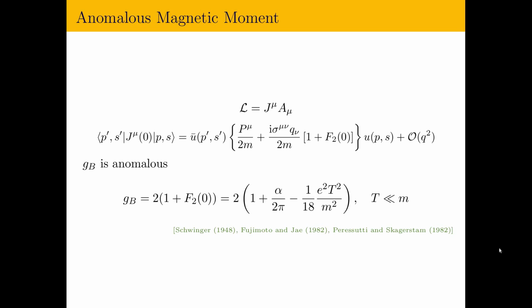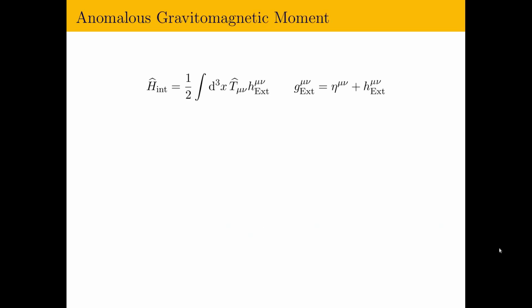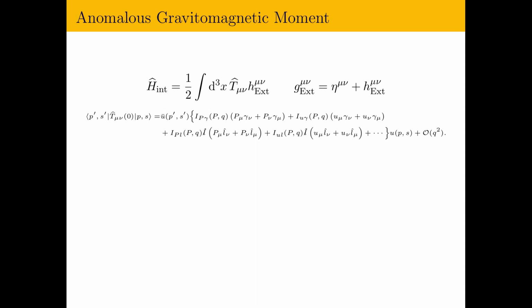For the gravitomagnetic moment, the interaction Lagrangian in the weak gravitational field limit is the contraction of the stress-energy tensor with h, the deviation from the Minkowski metric, and the gravitomagnetic moment will be given by the form factor of the stress-energy tensor. Notice that this decomposition is made at finite temperature, and the covariance is broken by the presence of the thermal bath velocity, denoted with U.